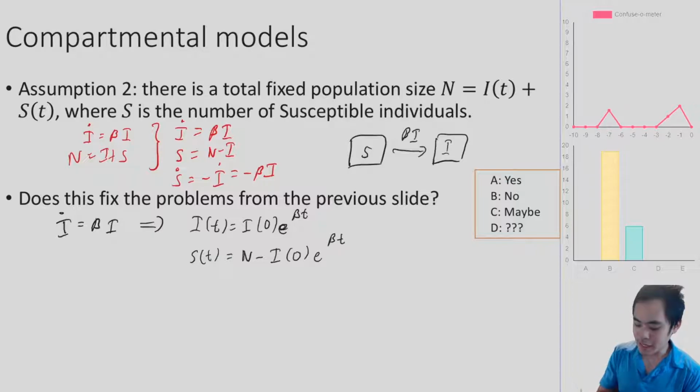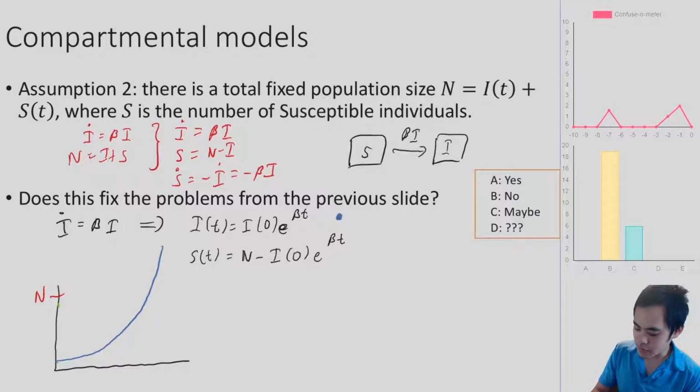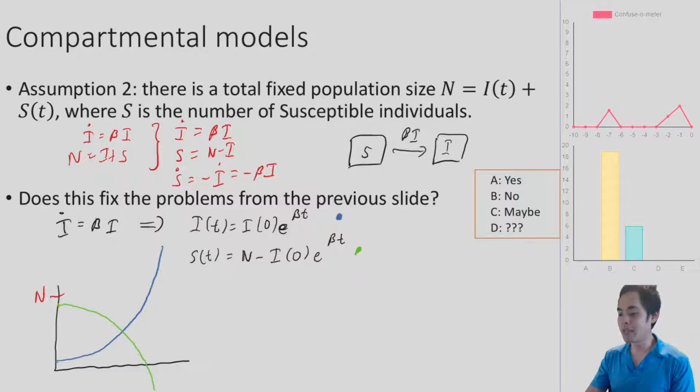So when you plot this out, what you get is, well, you have some finite population size N, and you start with some number of infected. Let's use blue here. So you have some number of infected, and it grows exponentially. And you have some number of non-infected, let's call this the green one here, susceptible, and that goes the exact opposite. But you'll notice that it goes into the negative.